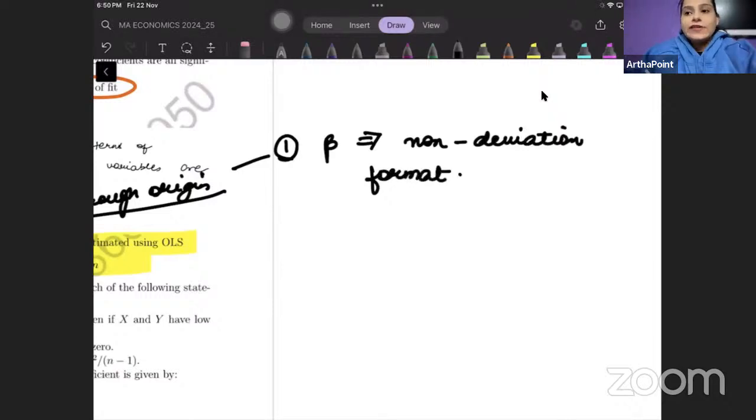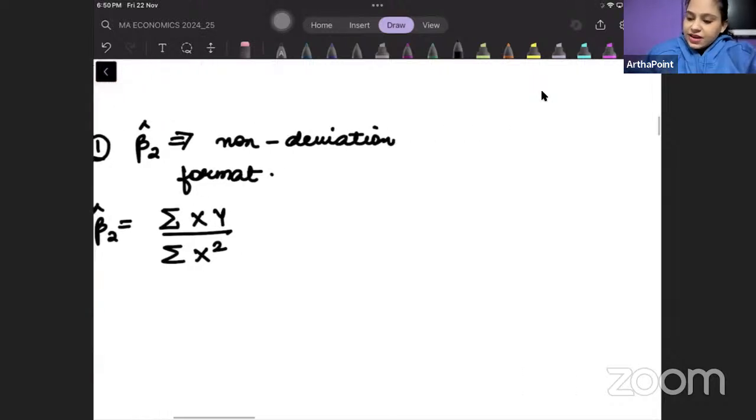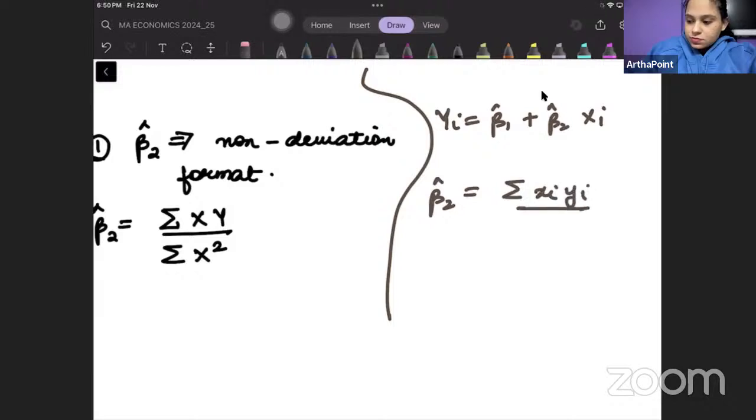It means that this beta 2 hat is given by summation xy upon summation x square. And when you have a regular model, yi equal to beta 1 hat plus beta 2 hat xi, in that case, beta 2 hat was in the deviation format.